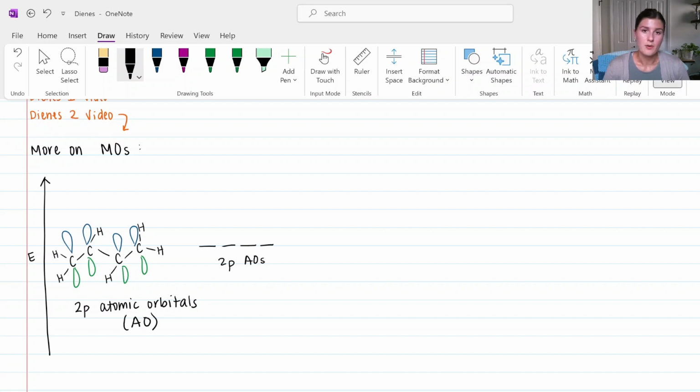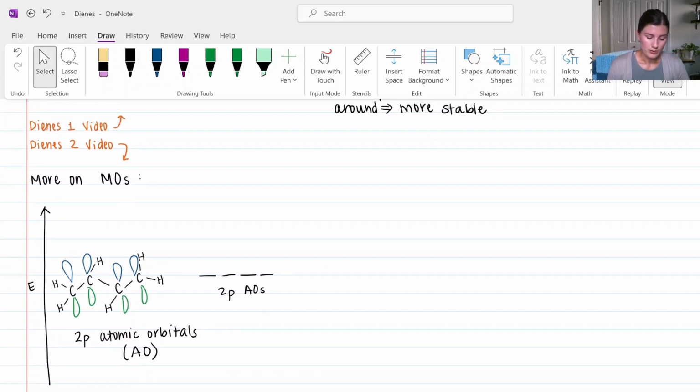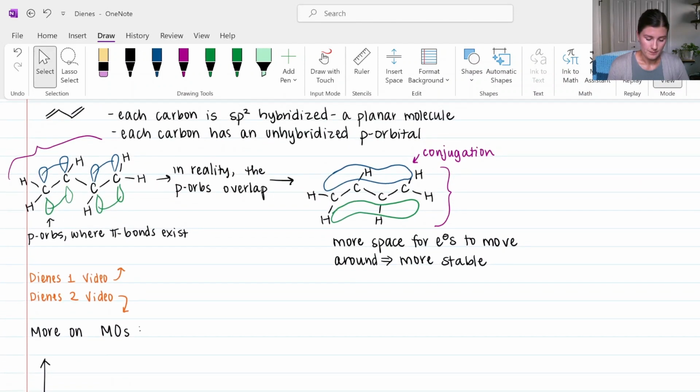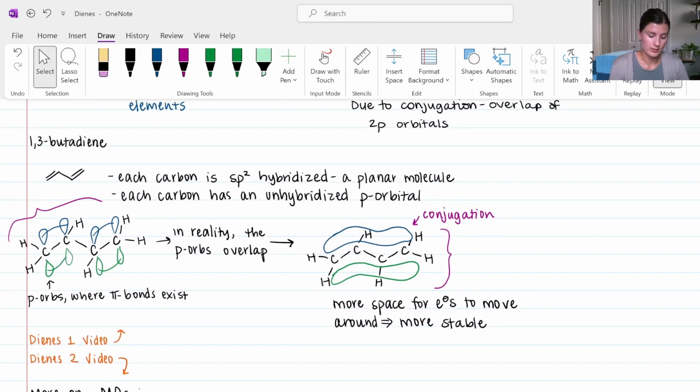Now thinking about the number of electrons in the p orbitals, it might be helpful to look back at the skeletal structure. So I'll highlight that in green here. Now we're only thinking about the electrons in p orbitals. And if we have 2 double bonds, there are 2 electrons per double bond.